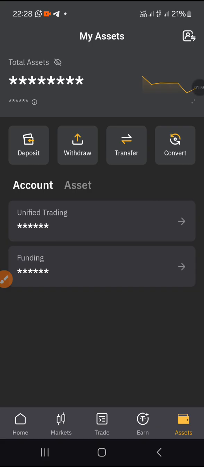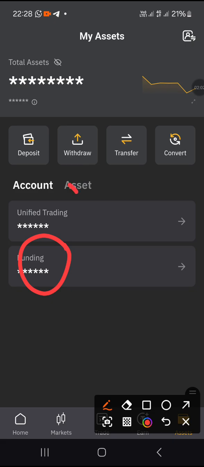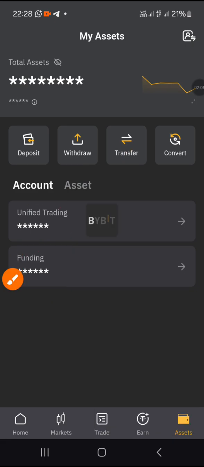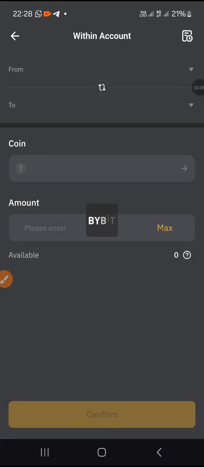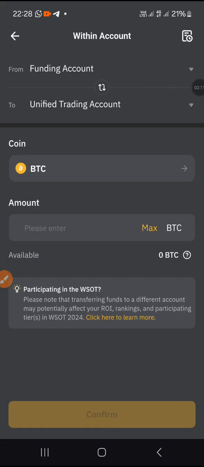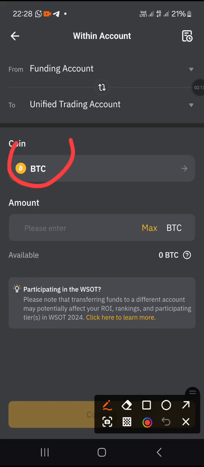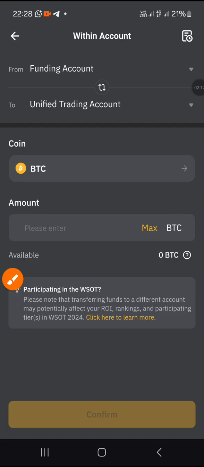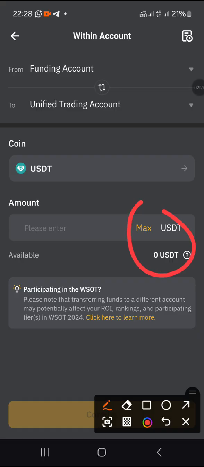To transfer, quickly go to transfer and click on it. You are not transferring BTC, you are transferring USDT. Click on it to choose your USDT. You can see my current USDT volume here is 0, from funding wallet to unified trading account.